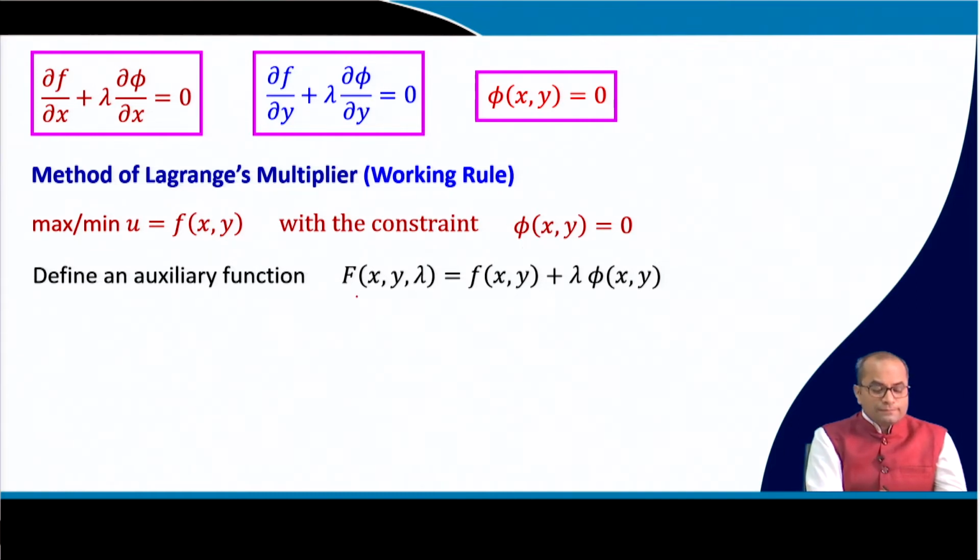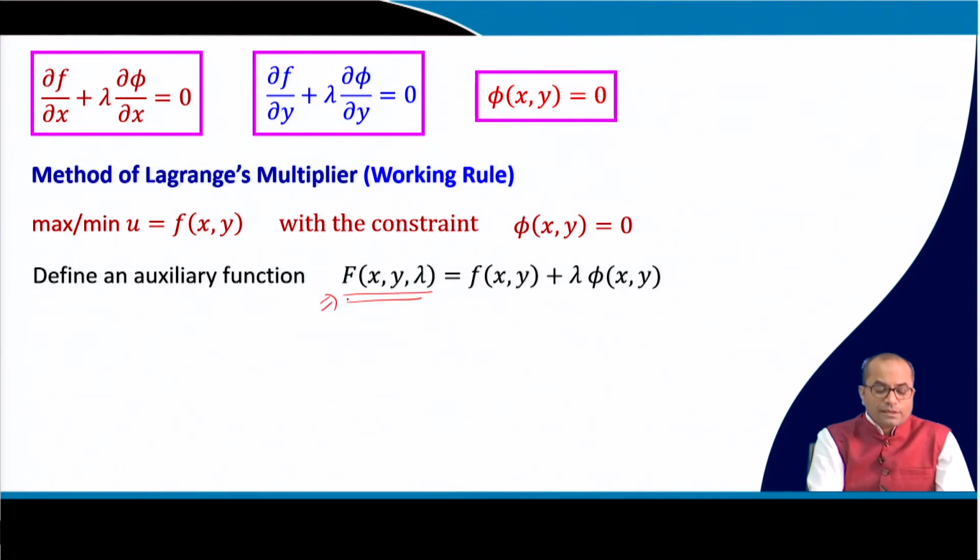Now, this is a function of three variables, and we have only studied functions of two variables for maxima and minima, but at least those necessary conditions for extrema which we have already studied can be extended to any number of variables. So, here we have three variables, and these three partial derivatives must be 0.